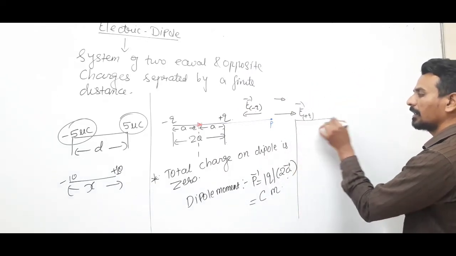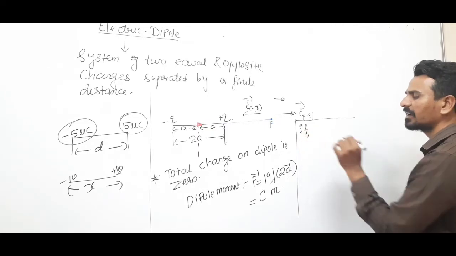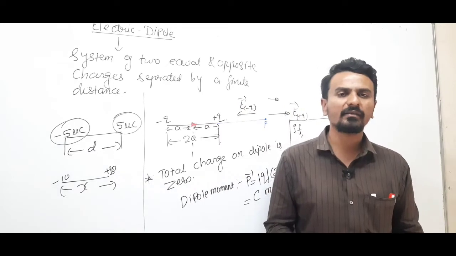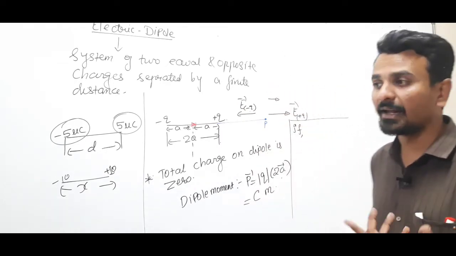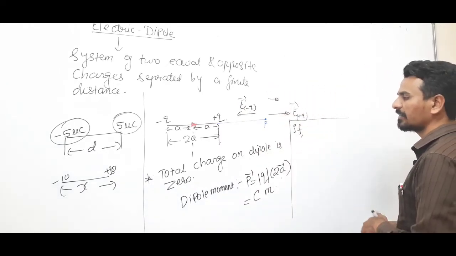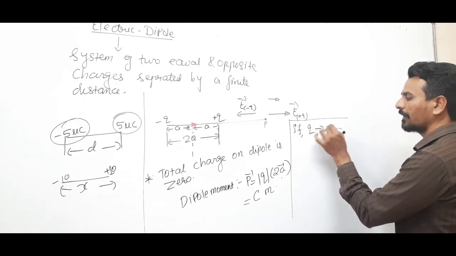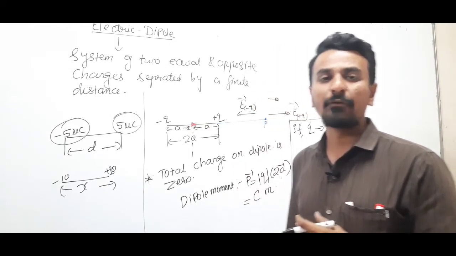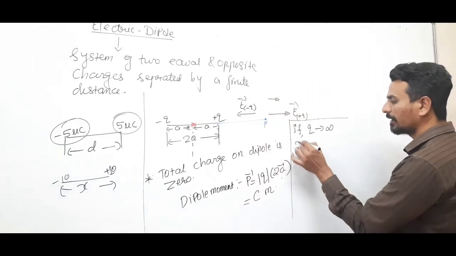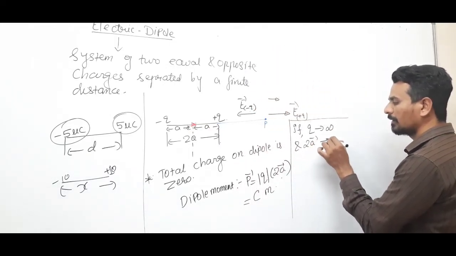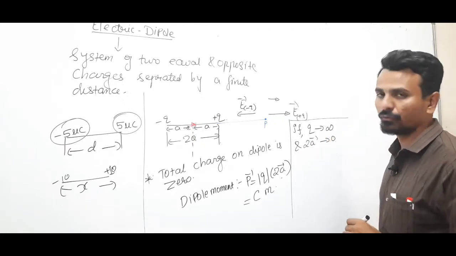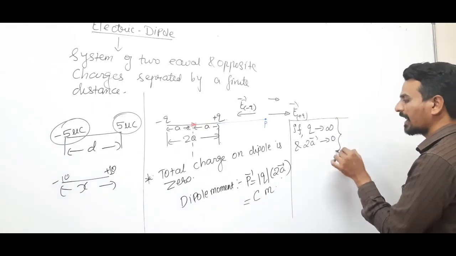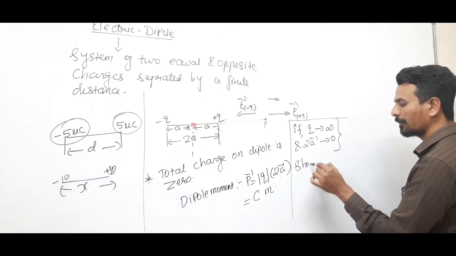Now see, there are two types of dipole: one is the physical dipole and the other is the point dipole or ideal dipole. There is one condition: if q tends to infinity, that means the charge of the dipole is made very large, and the distance between them tends to 0, then this type of dipole is known as a short dipole.